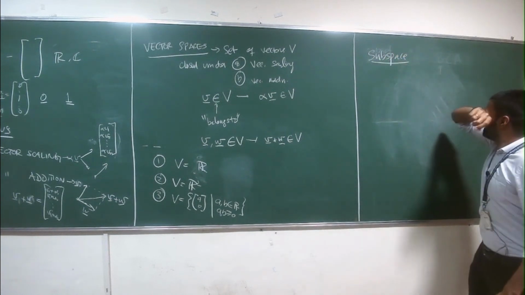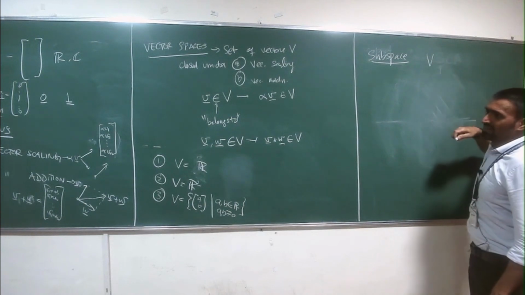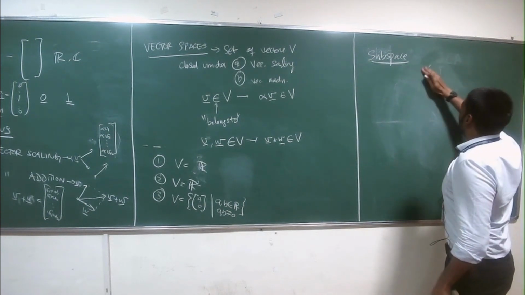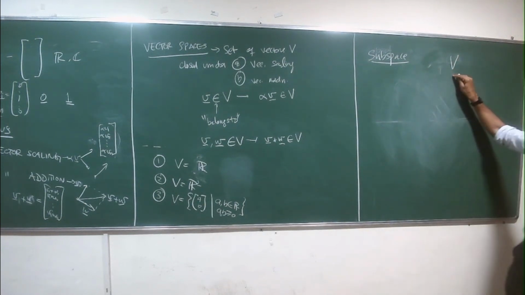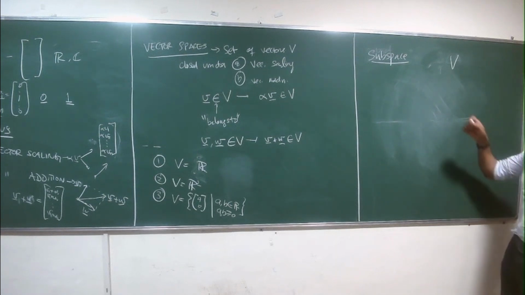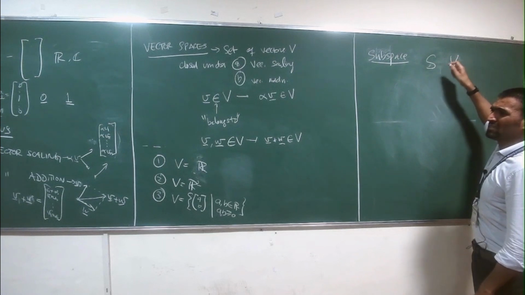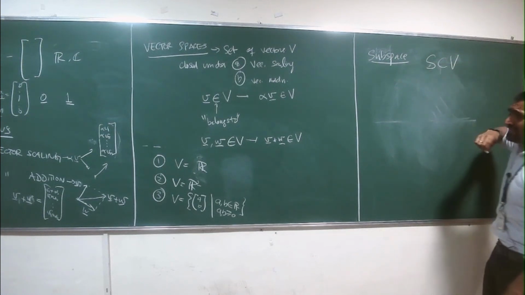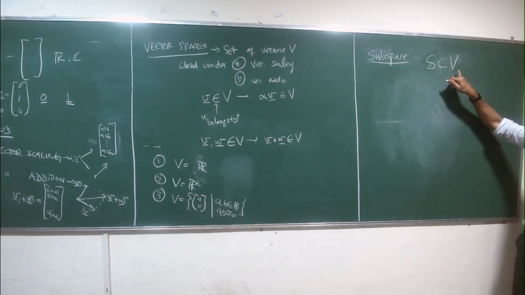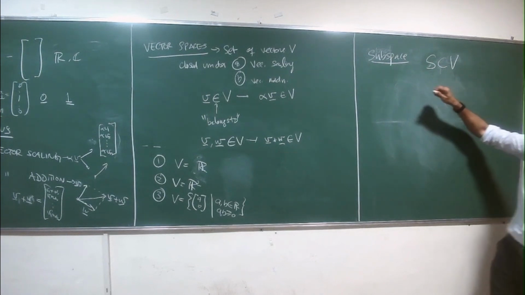Let's say we have a vector space V. This is our parent space, the bigger space. S is a subspace of V if it satisfies two conditions.